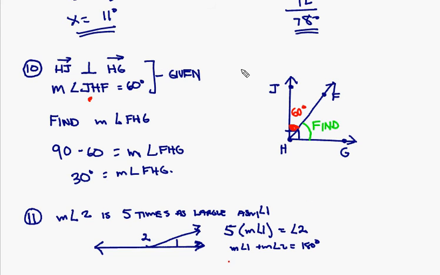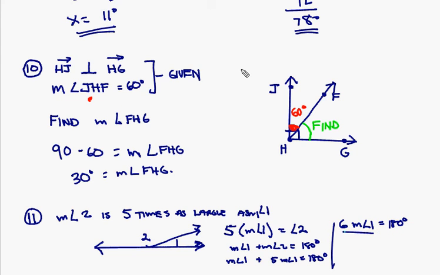So let's do a substitution. I'm going to go measure of angle 1 plus 5 times the measure of angle 1 equals 180 degrees. Okay? So all I did was I substituted what angle 2 was in terms of angle 1 into the equation. So now I have 6 times the measure of angle 1 equals 180.